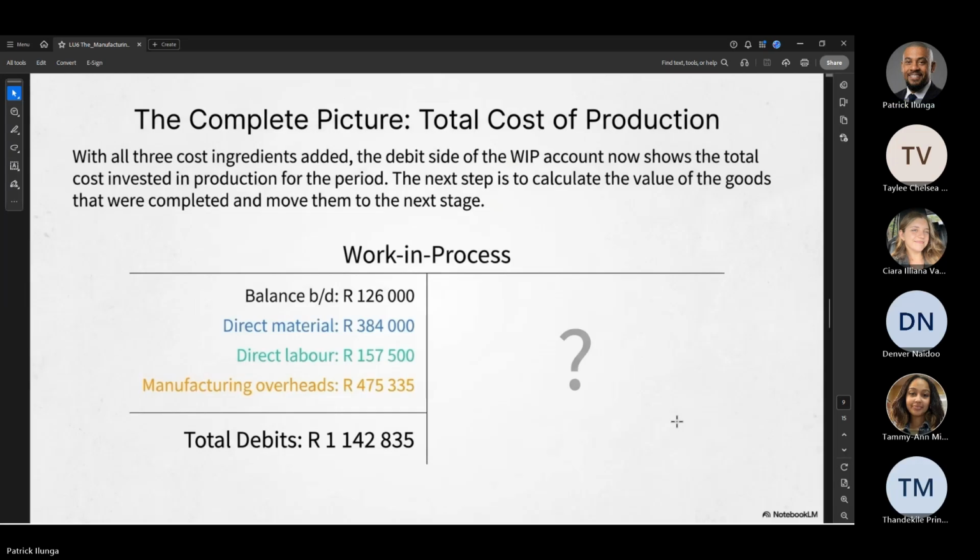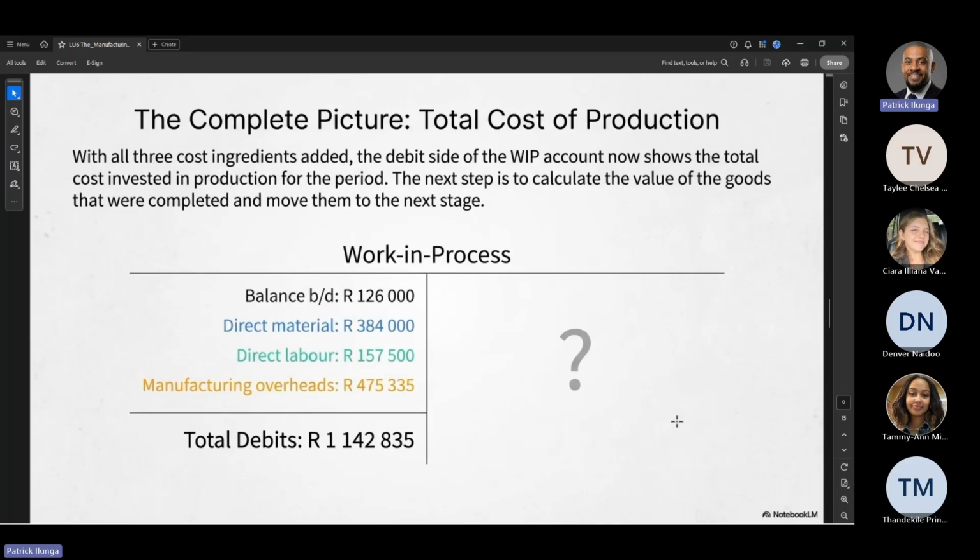Now, the complete picture: the total cost of production. We will look very intently at this particular account, the work in process, because it speaks volumes. It's the actual manufacturing. Remember, I told you it is the main man.